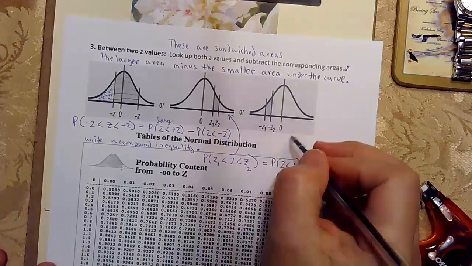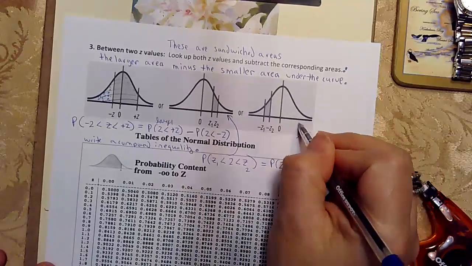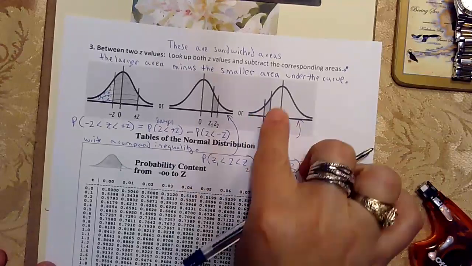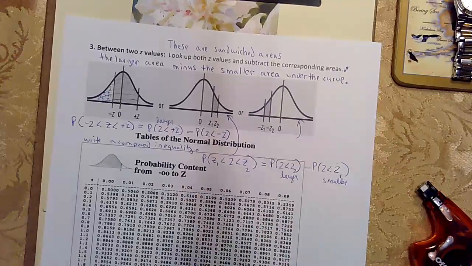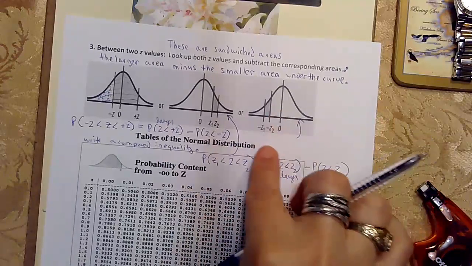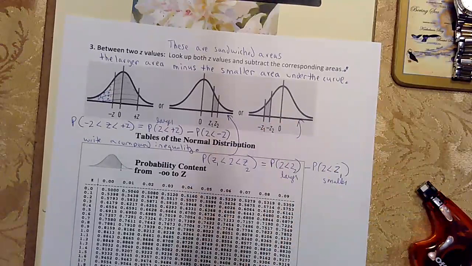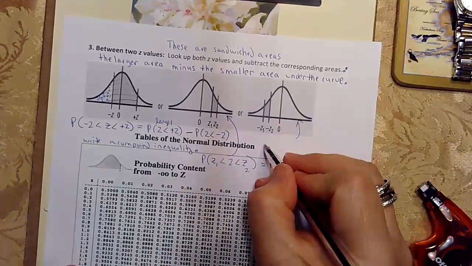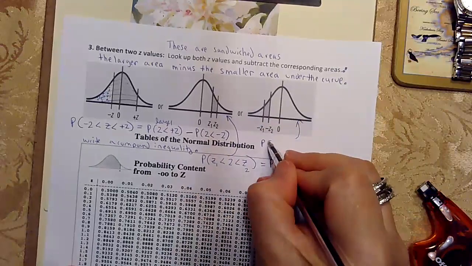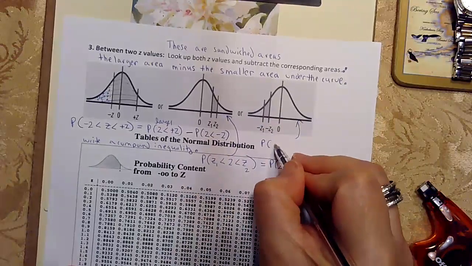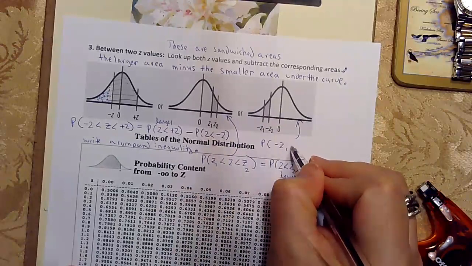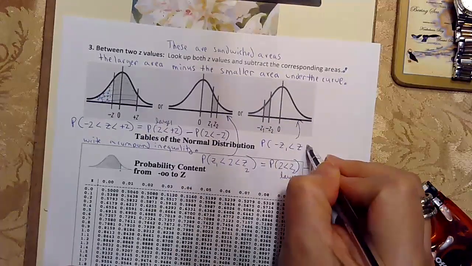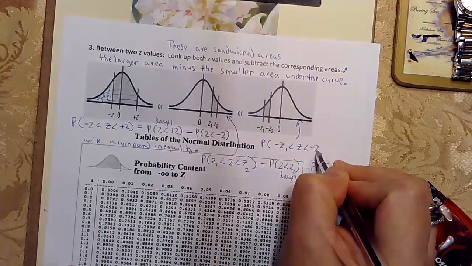Now try to set up this one. Can you write this out? So pause the video, and then try and set this generic one up right here. Okay, so let's see. Did you write this? Probability z is trapped between negative z sub 1 and negative z sub 2.